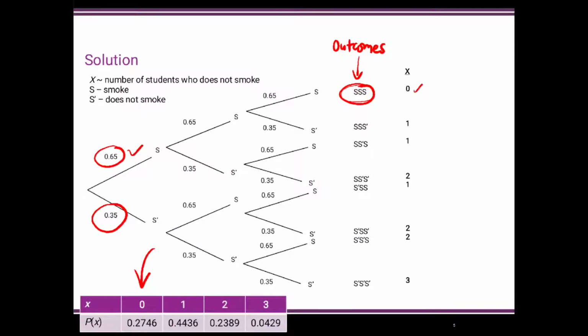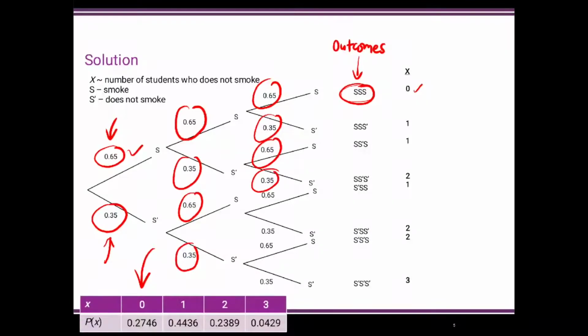For smoking, it will always be 65%. For non-smoking, it will always be 35%. It will remain the same throughout the selection. There is no issue of with replacement or without replacement.